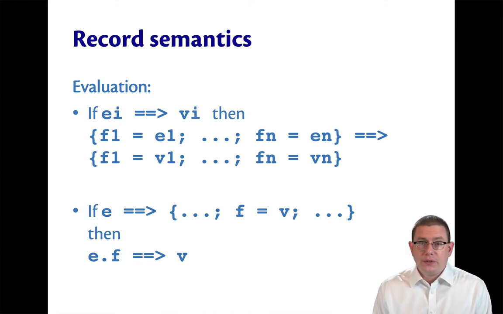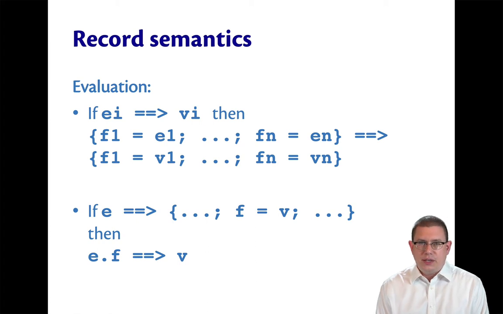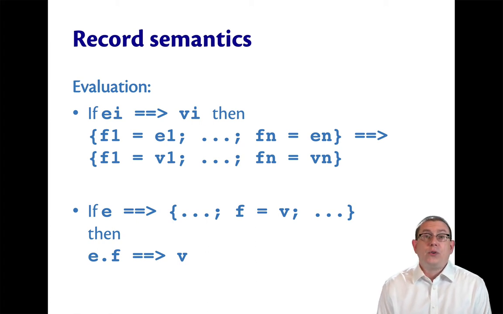How do you evaluate records? It takes a lot of notation and words and math here to write down what's really a pretty simple concept, honestly. Just evaluate all of the expressions to values. So if you have a bunch of expressions, e sub 1 up through e sub n, I'll just say e sub i for all of those. If e sub i evaluates to v sub i for all of them, then the record expression with all of those e's evaluates to a record value that just contains values inside of it.